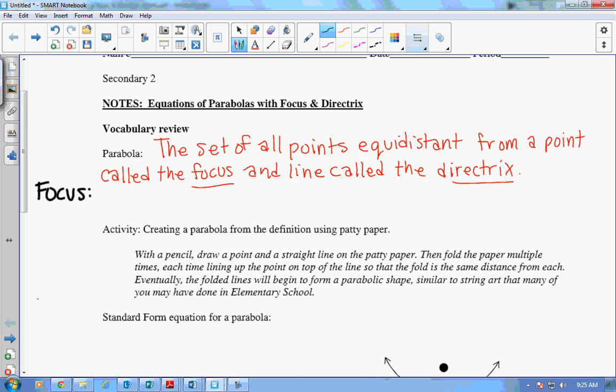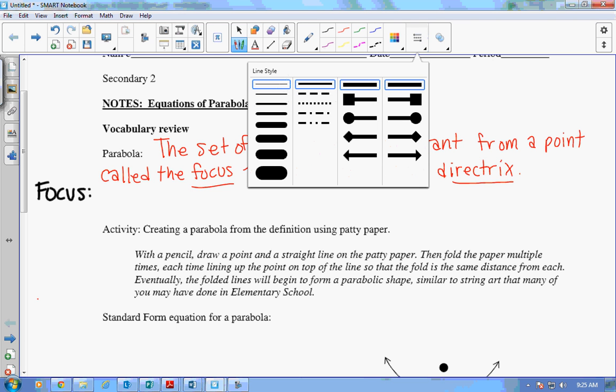Let's define what a focus is. In ellipses and hyperbolas, the focus we knew was inside. Inside the parabola-shaped part.